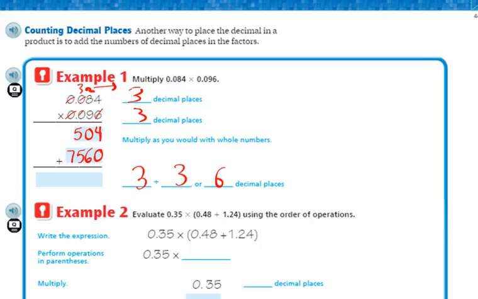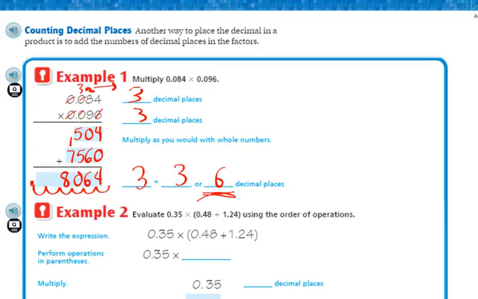So let's go ahead and add. 4 plus 0 is 4. 0 plus 6 is 6. 5 plus 5 is 10, carry the 1, and that gives me an 8. So I have 8064. Now, I have 6 decimal places. I'm going to start behind the 4 here to the right, and I'm going to count back 6 spaces. 1, 2, 3, 4, 5, 6. Place my decimal point.